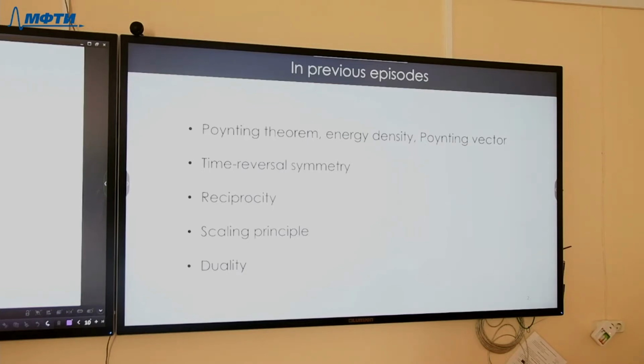There were a number of statements that I want to correct related to the Poynting theorem in the dispersionless transparent case. There was one thing that wasn't 100% accurate, and also the derivation of the Poynting theorem and the definition of the electromagnetic energy in the dispersive case contained a number of not very accurate statements.